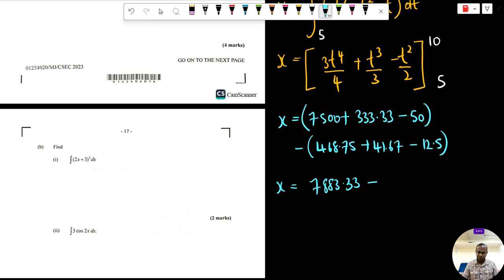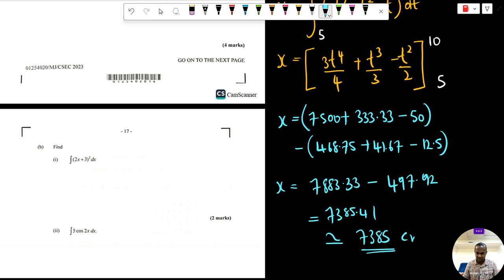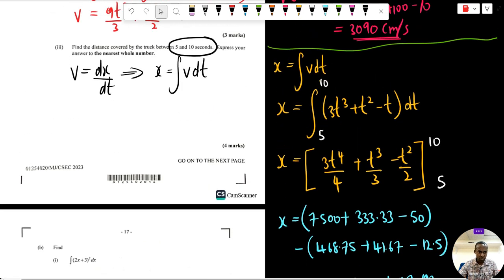And that is 497.92, not 29, 497.92. And so this gives me, so let me say subtract 7883.33, which is 7385.41. 7385.41 is approximately equal to 7,385, and this of course would be centimeters to the nearest whole number, right?